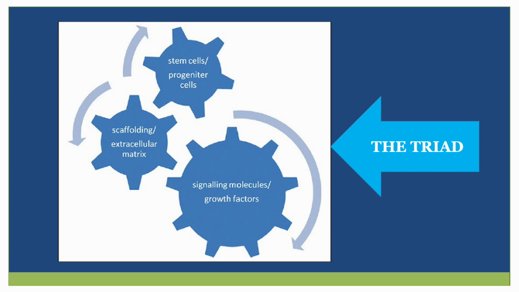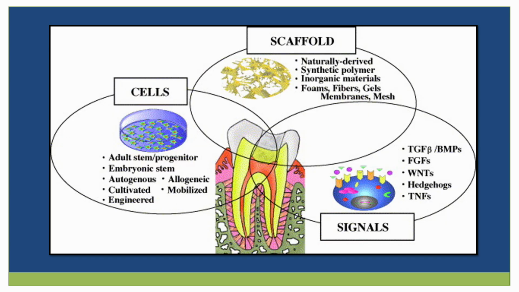So this regeneration is basically a triad, that is the presence of stem cells or progenitor cells, then scaffolds or extracellular matrix, and signaling molecules or growth factors. The cells responsible in the triad could be adult stem cells, progenitor, embryonic cells, autogenous, allogenic, cultivated, mobilized or engineered stem cells.